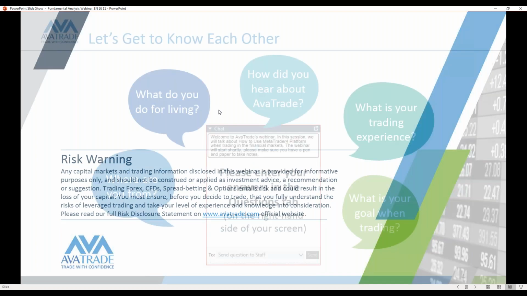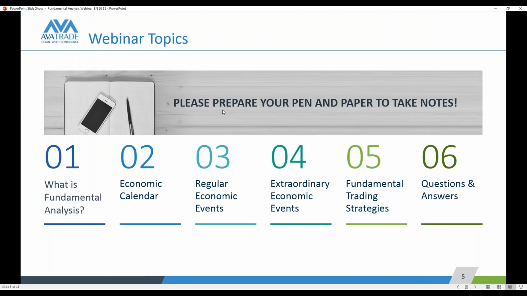Now, when we talk about fundamental news, and we've gone over this many times in the webinars, we'll only take a minute. There are two main types of fundamental news that we look at. One being more predictable, regularly scheduled economic events, and another type would be what we call extraordinary economic events.